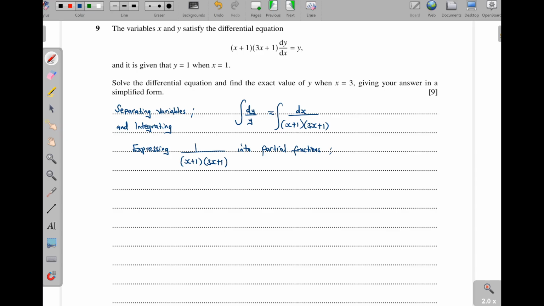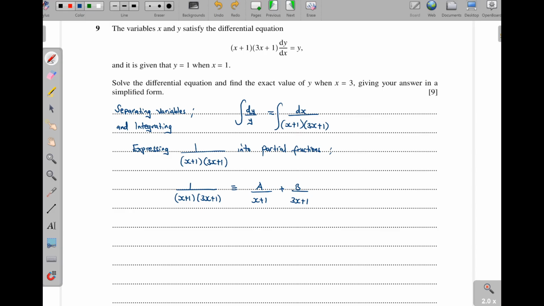What do we have? 1 out of this x plus 1 and then 3x plus 1. Since all of these ones are linear factors in the denominator, then we can say this is a out of the x plus 1 then plus b out of the 3x plus 1. Our mandate is to find the values of a and b.